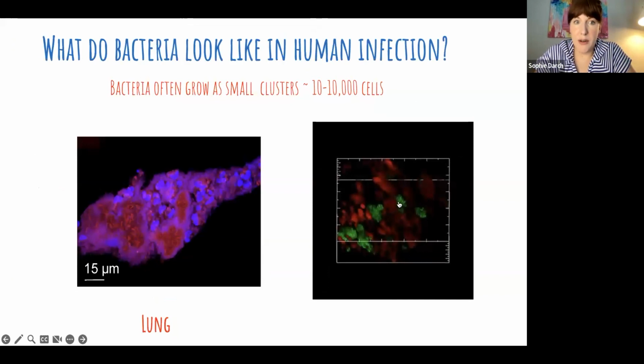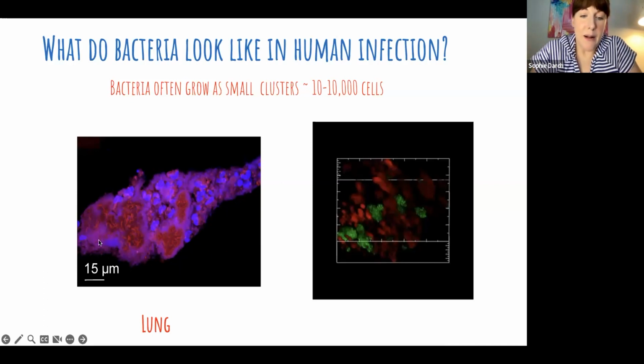And then I think we'll just show this one and we can look up some more questions, but talking about looking at bacteria a little bit more closely, that was looking at something in the lab, but if we take an actual human infection, what do bacteria look like in that setting? And this is something that my lab has focused on, thinking, well, if we actually have a human infection, what do those bacteria look like?